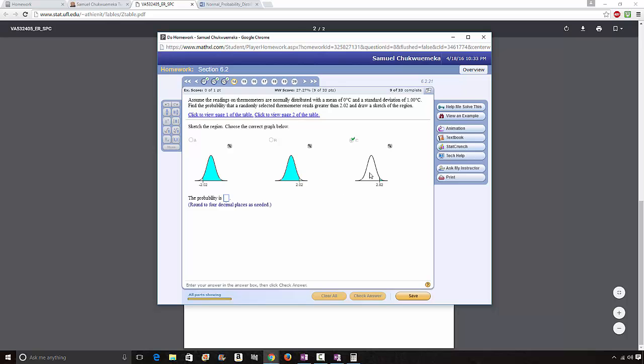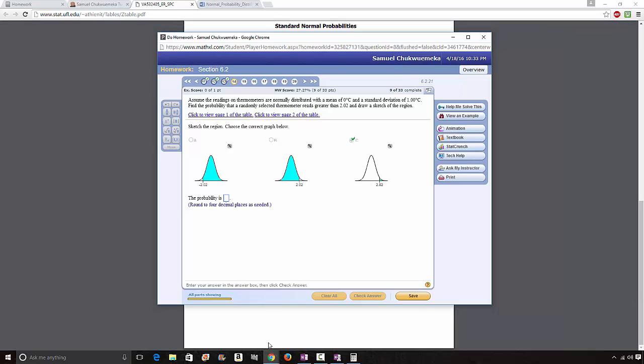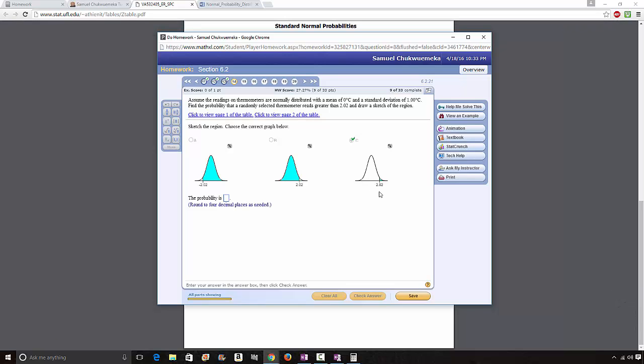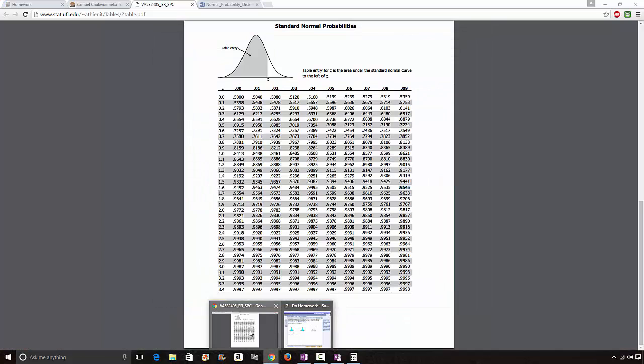Because we are using this table, the area that we get is to the left, but they are asking us for the right, so we have to subtract that area from 1. So 2.0 under 0.02 gives us 0.9783.